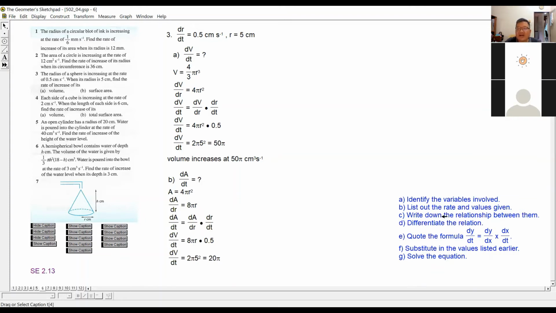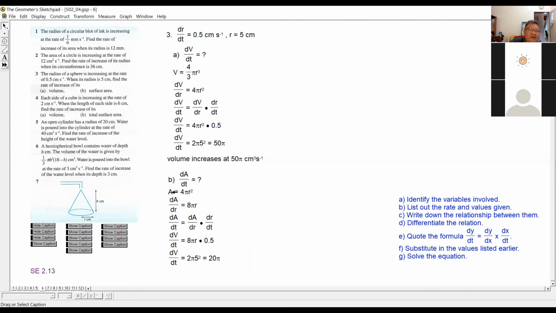Now, after you write down the relationship, what is the relationship between the area and the radius? Now, this is a sphere. The surface area of the sphere is not pi r square. The surface area of the sphere is 4 pi r square. So you have to write down this formula. Now, it depends on the question. Some questions, the area is given, right?